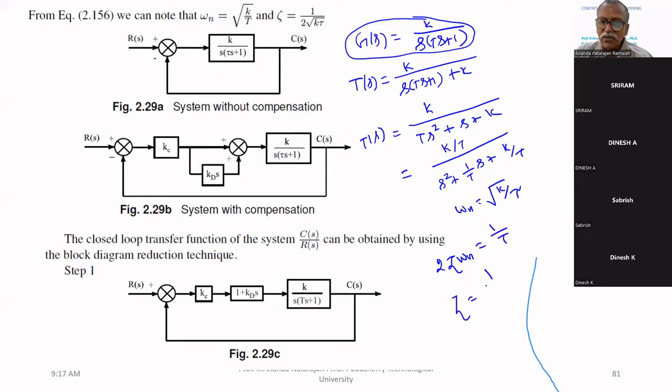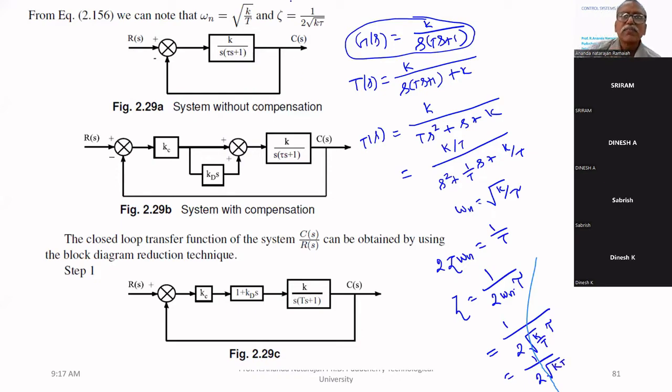Therefore, zeta equal to 1 by 2 omega n tau, which is 1 by 2 root K by tau multiplied by tau, equal to 1 by 2 root K tau. That's what we got here: zeta equal to 1 by 2 root K tau.